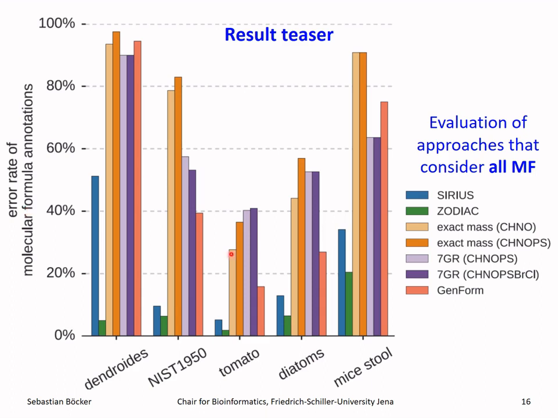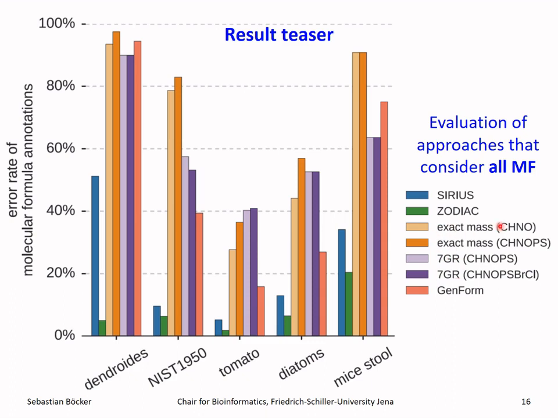And then you see, and that's the only thing that I wanted to show you here, that both SIRIUS and ZODIAC are much better than all other methods here. Like the only reasonable competitor probably is GenForm. Sometimes it's also the 7 golden rules.